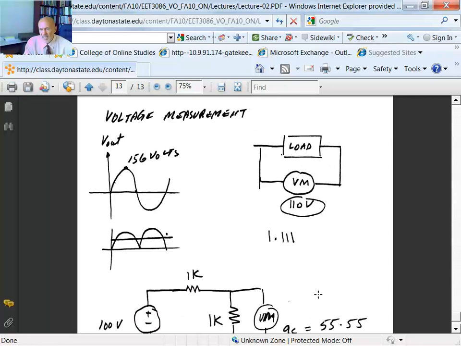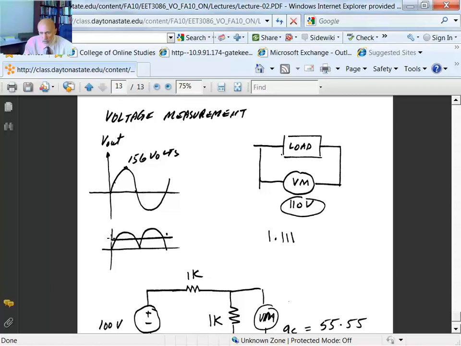The reason for that is, remember, all the meters actually read the average value. So if it's an AC signal, the DC part of it is going to read 0, which is no good. So first thing they do, they full rectify it, just like a power supply. All the AC meters have full rectification in them.